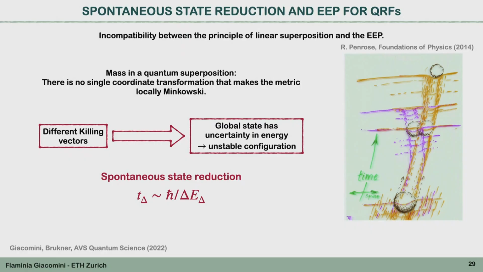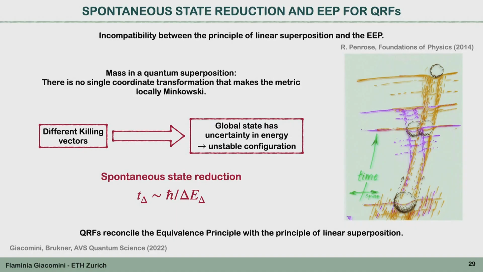And then he says, if these two are incompatible, then I have to choose one. He wants to put general relativity first, so he chooses the equivalence principle, he abandons the principle of linear superposition, and this leads to the whole modification of quantum mechanics that is the spontaneous state reduction. But we have seen that this is not necessarily so, because you can quantum superpose the transformations.